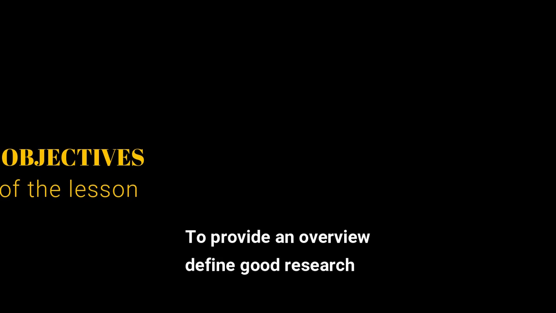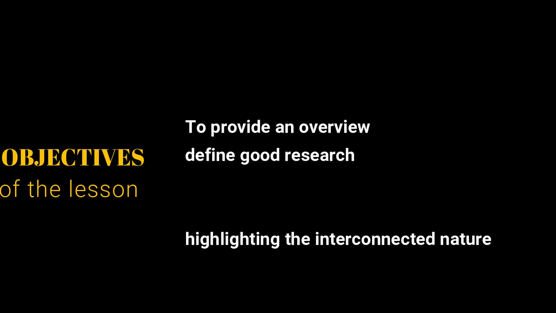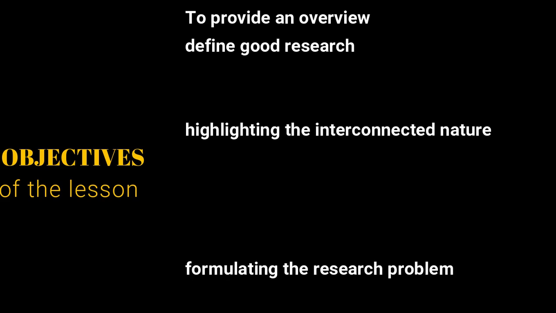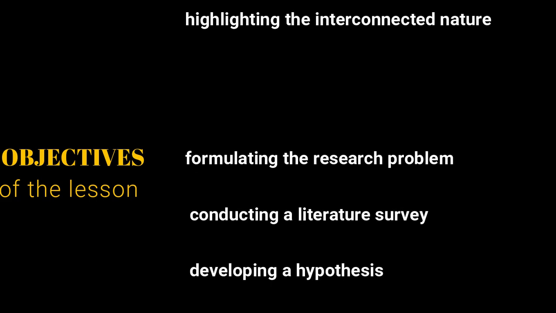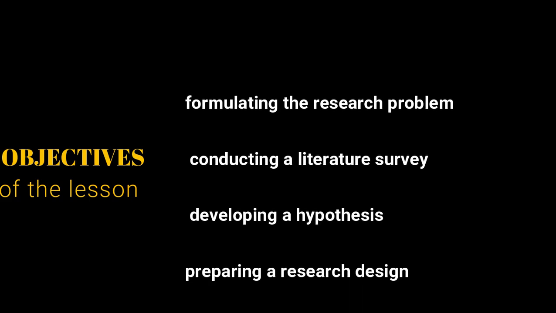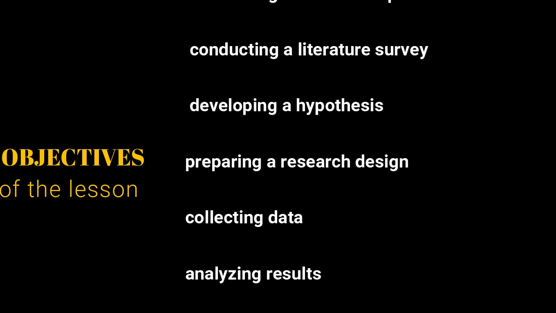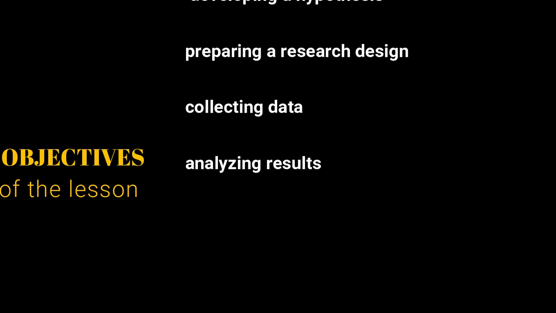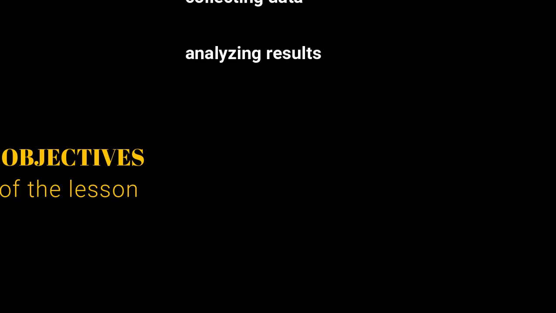Okay, the objective of the lesson is to provide an overview of the criteria that define good research, highlighting the interconnected nature of the research process. The research process involves multiple closely related activities such as formulating the research problem, conducting a literature survey, developing a hypothesis, preparing a research design, collecting data, and analyzing results.